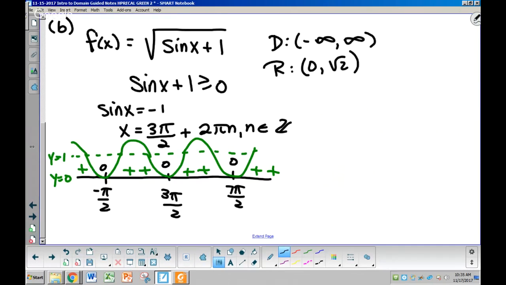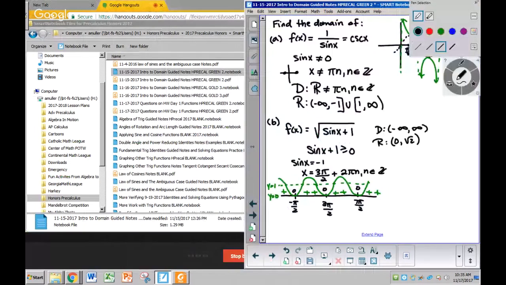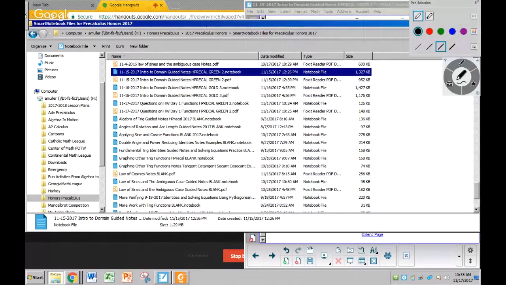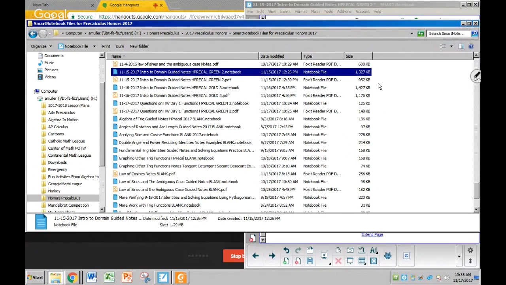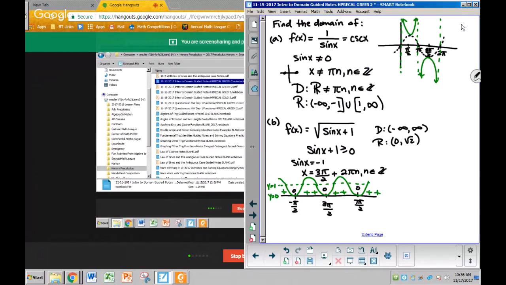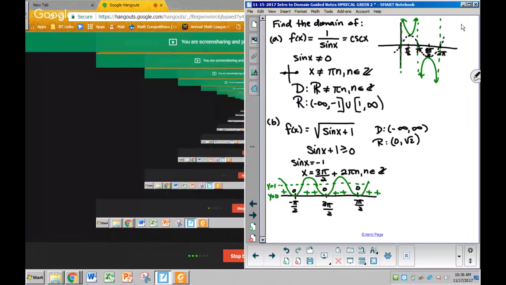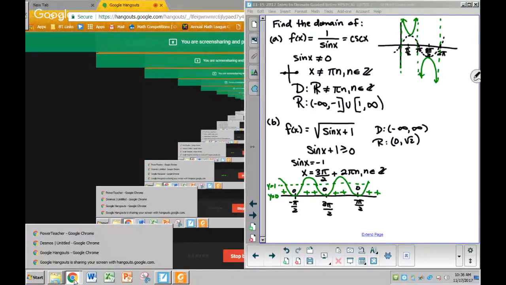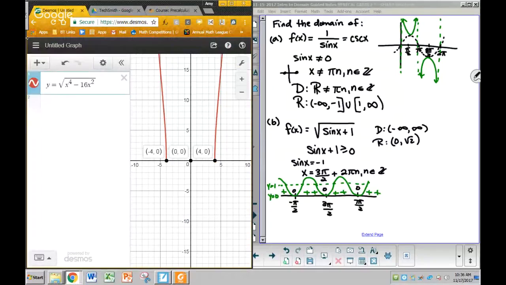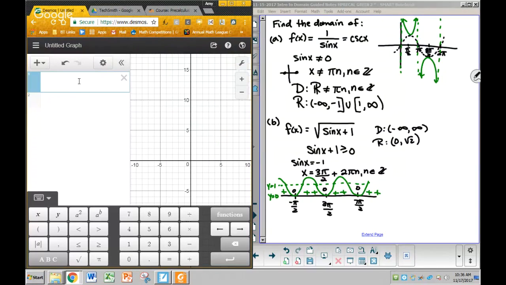All right. What are we going to do? You want to graph it? We're going to graph it. I don't know how to get rid of that. Okay, we're going to graph it with Desmos. Square root.